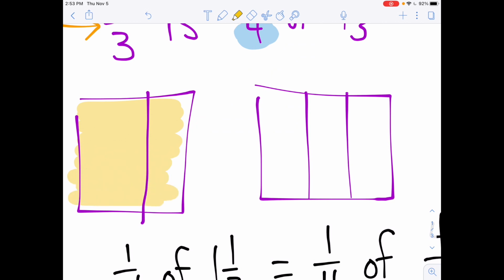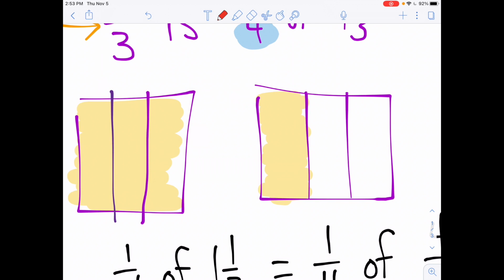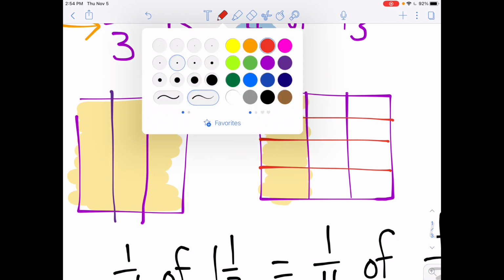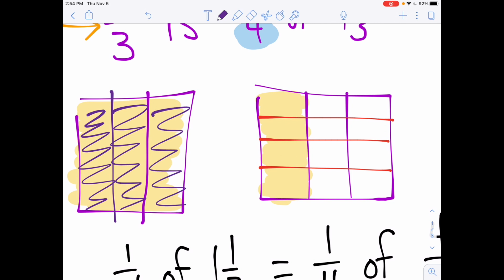If I'm finding a fourth of 1 1/3, that would be like saying, if the answer is 1 1/12, it would be cutting this, right? 1 1/12 is all of this, here, here, here, that's a whole, plus this part here.